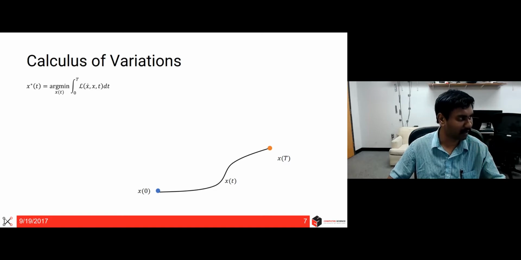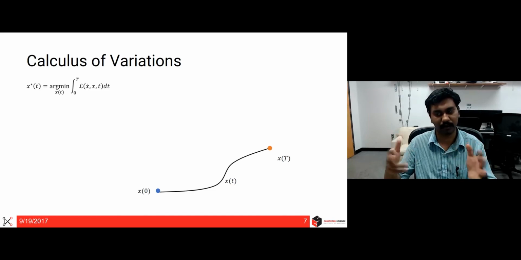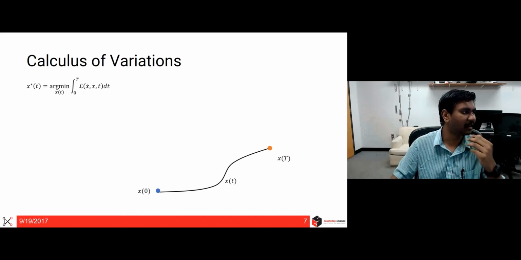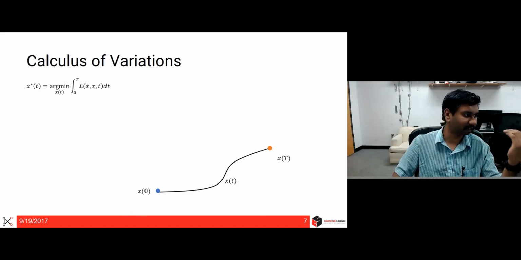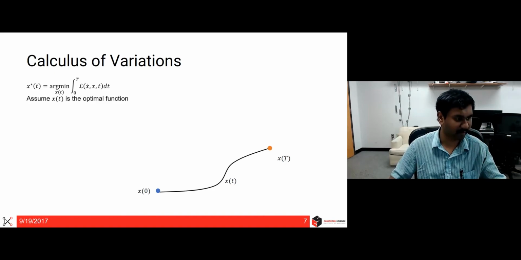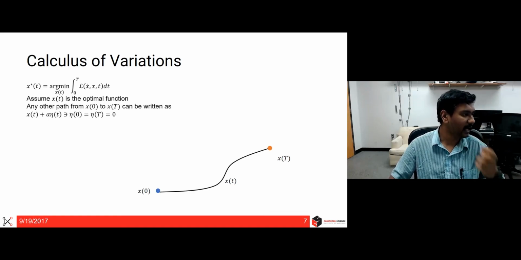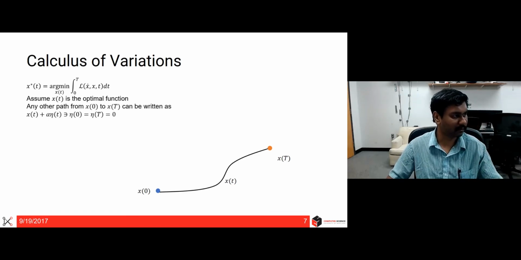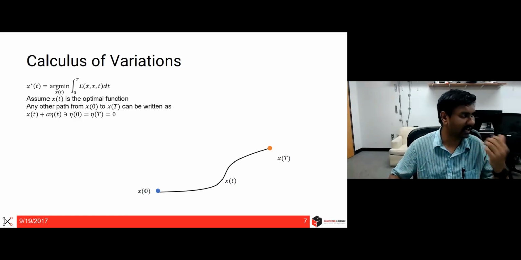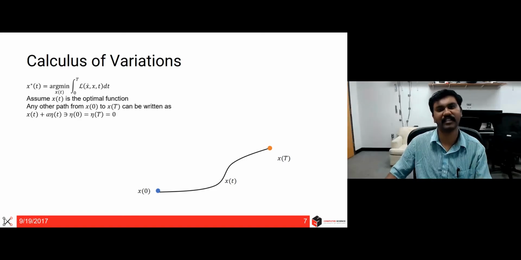In this case, x of t will be x star of t if it's the optimal value. It's defined as argmin of the integral from 0 to T of some function which is denoting the work or the smoothness of the parameter of the function as we discussed before, and it's a function of the first derivative, the position, and the time. So assume that x of t is an optimal function. Any other path going from x0 to x of T can be written as the same optimal x of t plus alpha times eta of t, where eta of t is again a polynomial if x of t is a polynomial and alpha is some scaling factor.